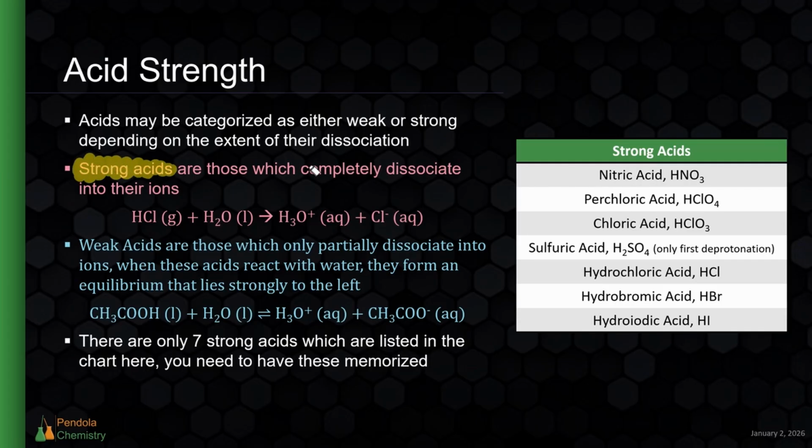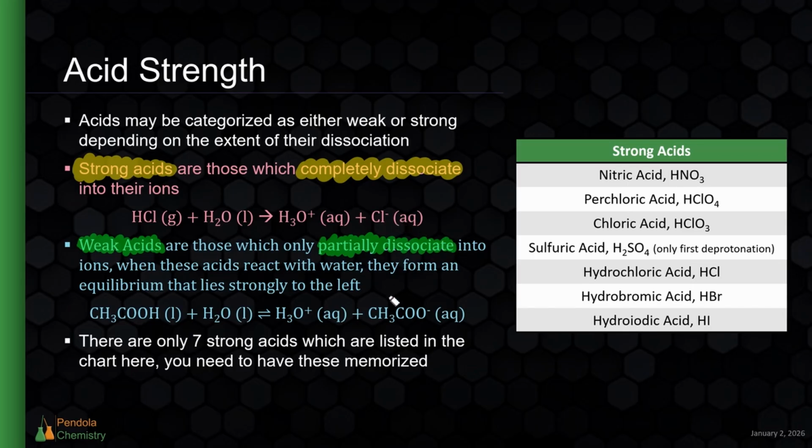On the other hand, a weak acid is an acid that only partially dissociates into its ions. A weak acid does not completely dissociate. It only partially dissociates when exposed to water.